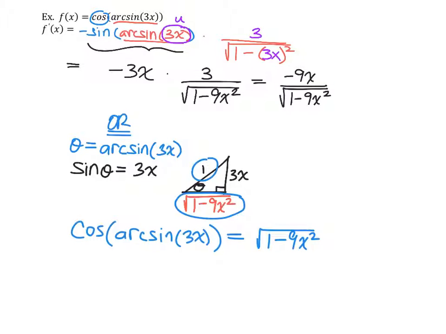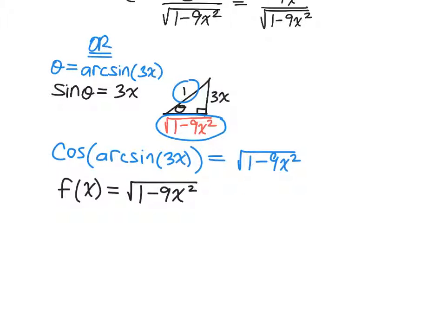So instead of f of x being equal to the cosine of arc sine of 3x, I'm going to say f of x is equal to the square root of 1 minus 9x squared. If I put this function and the original function in my graphing calculator, it's going to give the same picture. It's going to give the same table of values. They are the same. They mean the same thing.